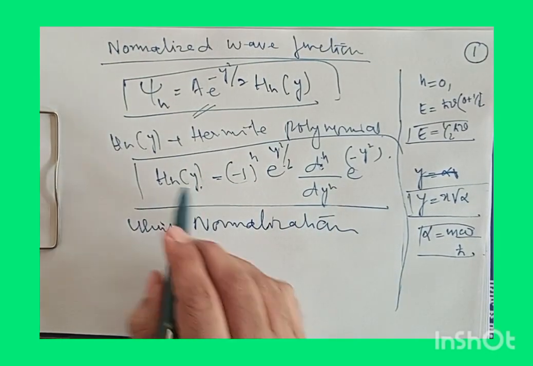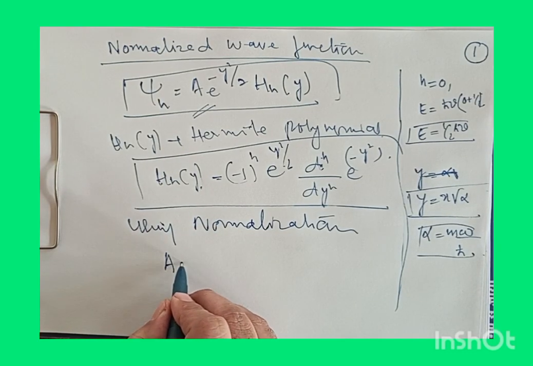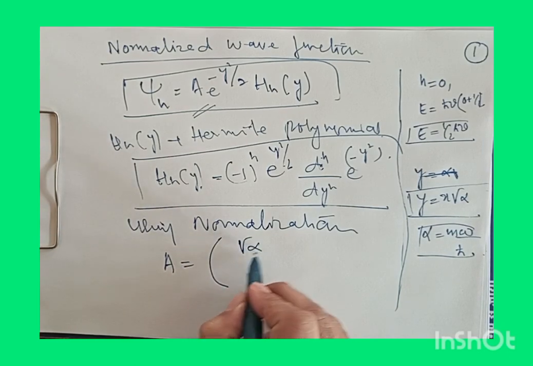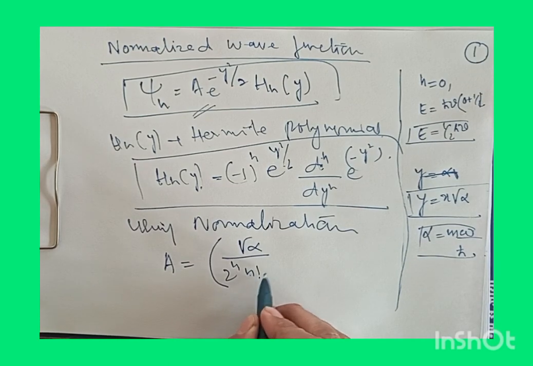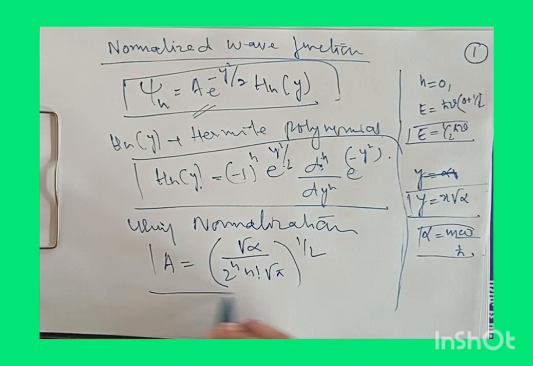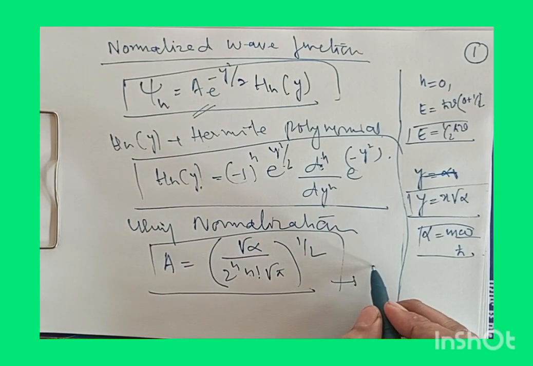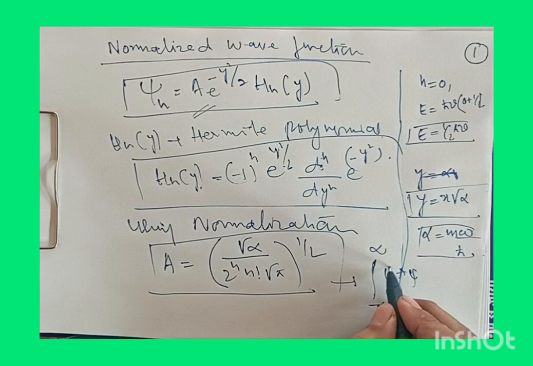I will directly write down the value of this A that's evaluated, and that value comes up to be under root of alpha by 2 to the power of n, n factorial, under root of pi, the whole raised to the power 1 by 2. We have the condition that this normalization goes like integral from minus infinity to infinity of psi star psi dx is equal to 1.